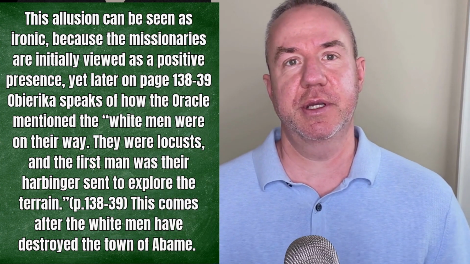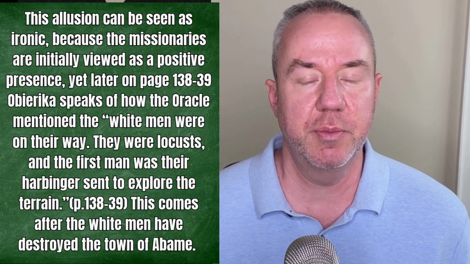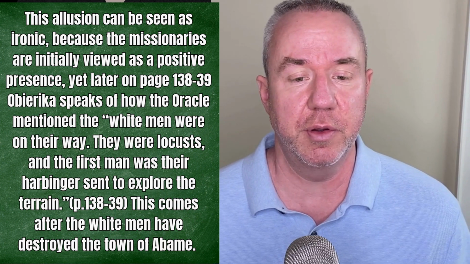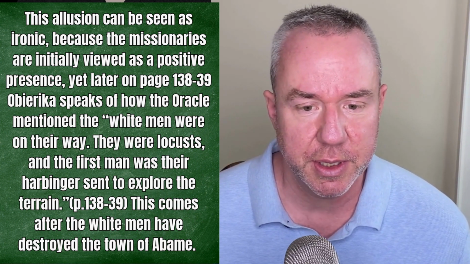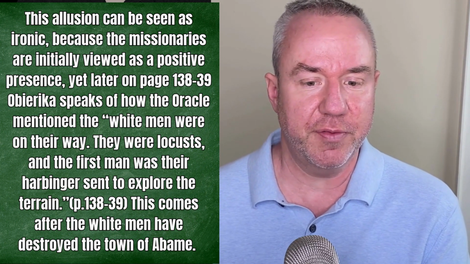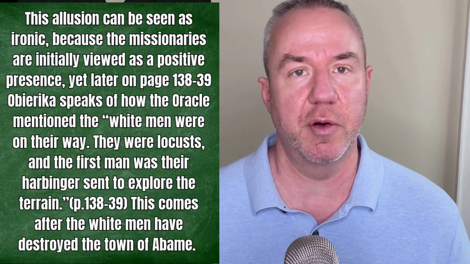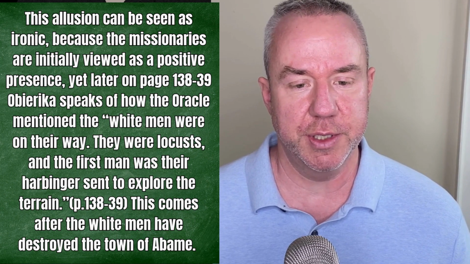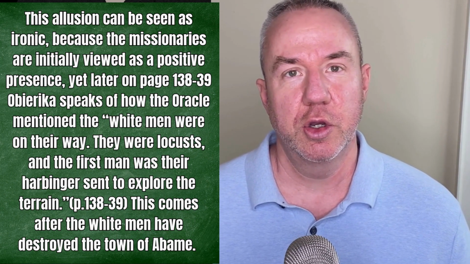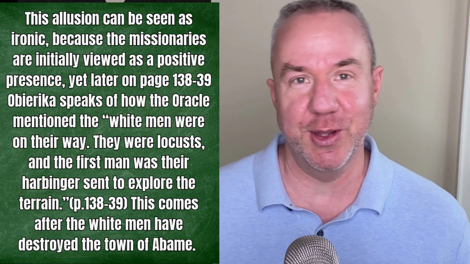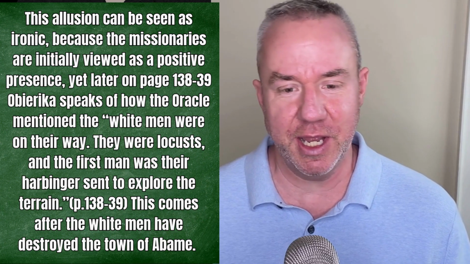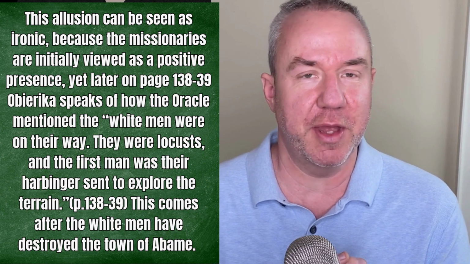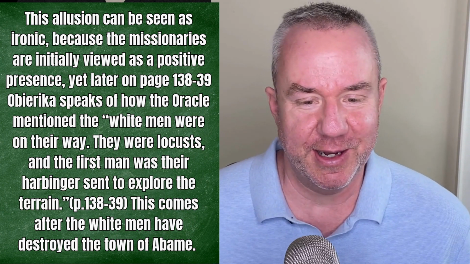We can look at this allusion as ironic because the missionaries are initially viewed as a positive presence. Yet later in the book, after the destruction of the town of Abame, we have this quote from Obierika, who compares the white man to the locusts and says, in actuality, the first man that came down was a harbinger.